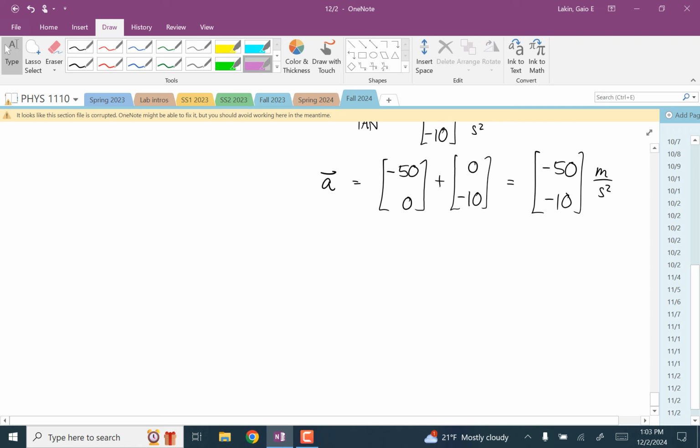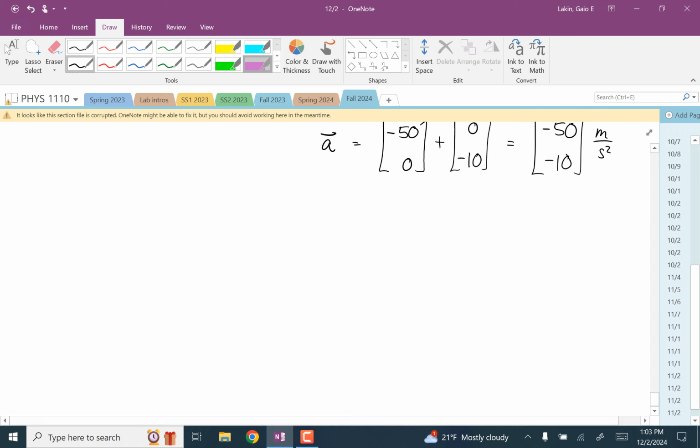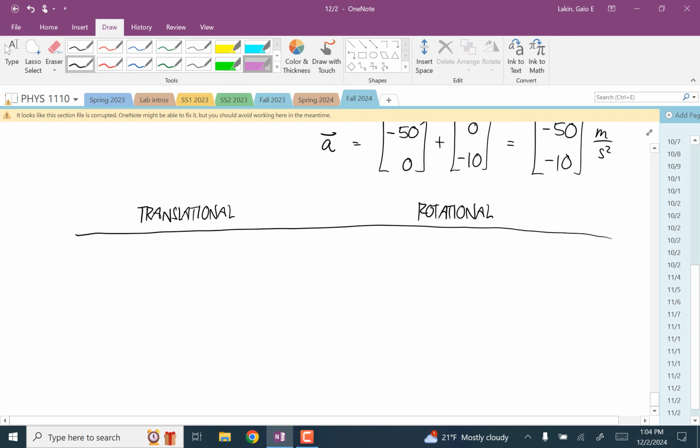So let's, on one side of the table, put the translational stuff. That's what you're used to. And on the other side, put the rotational stuff. That's what we're just getting into. I'm just going to list out all the things that are analogous between the two.